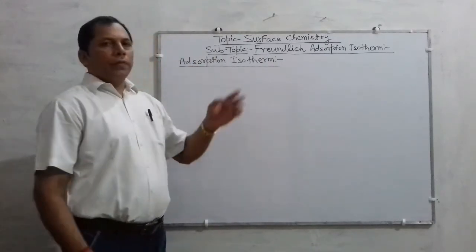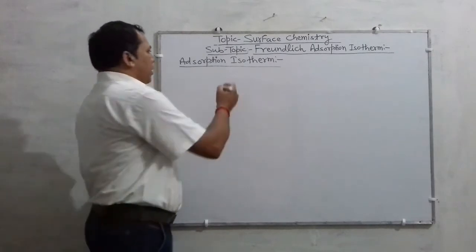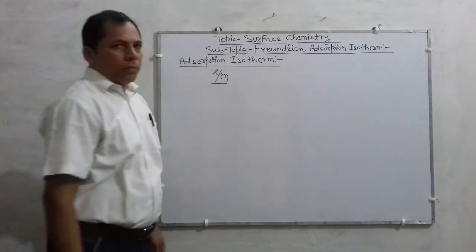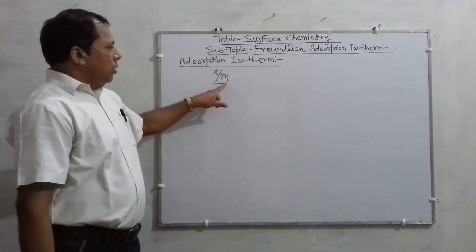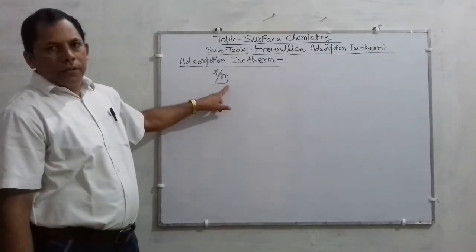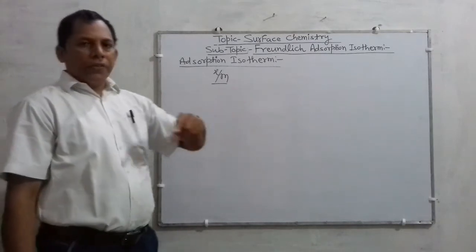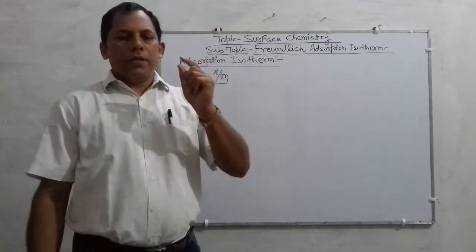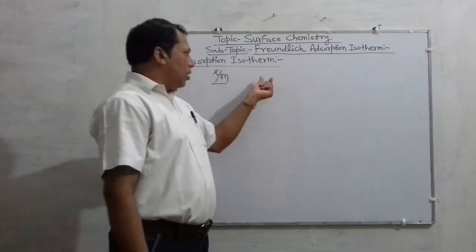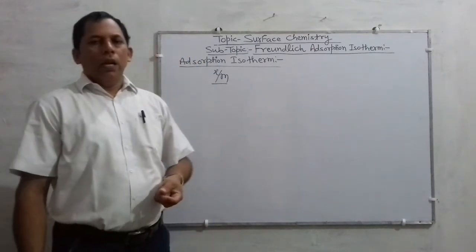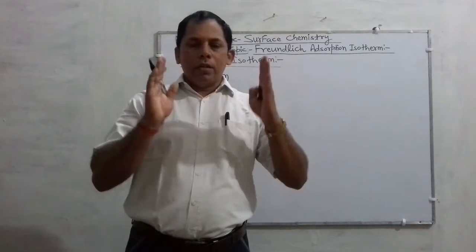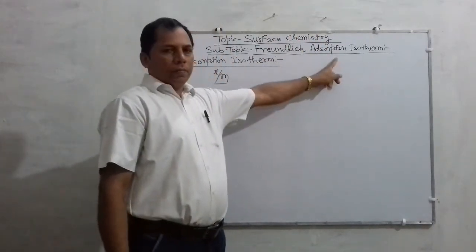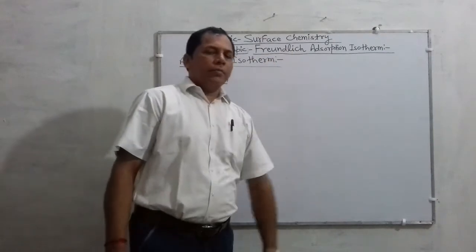when extent of adsorption x by m is plotted against pressure at constant temperature, then a curve is obtained, and such an obtained curve is called adsorption isotherm. Listen once again.